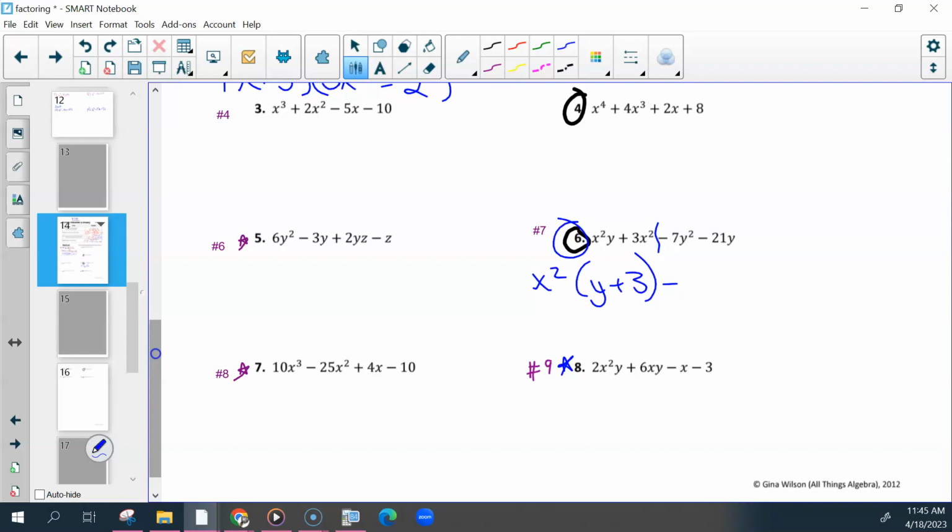What do the second two have in common? Y and something else. We can divide them both by 7. So 7y. We divide them both by negative 7y. What would be left? Y plus 3.